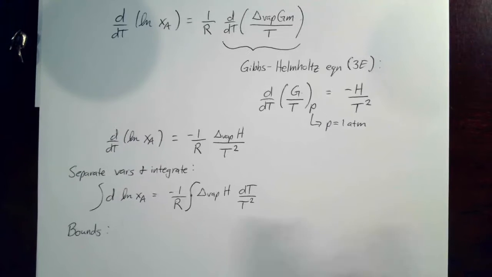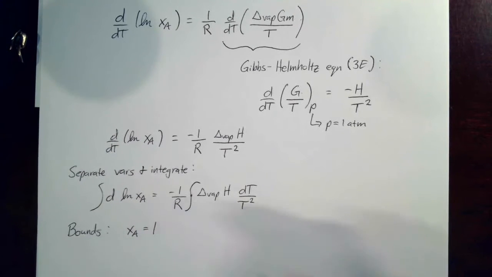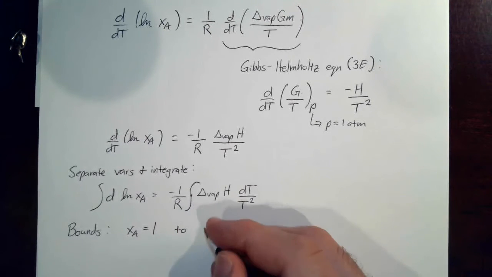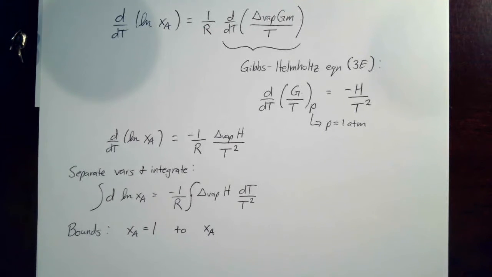So for XA, let's start XA at 1, which is a pure substance. And we're going to end with XA being any value that I want. I'm just going to call it XA, just some desired value.